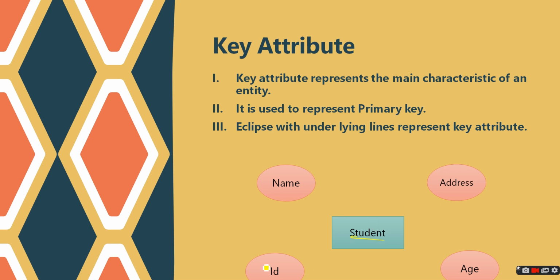Yes, id. So this id is a key attribute for this entity. And how do we represent this key attribute? By an underline inside this attribute. Just underline it, then this will be a key attribute. And there will be only one key attribute in an entity.